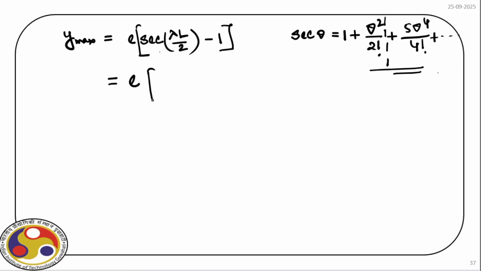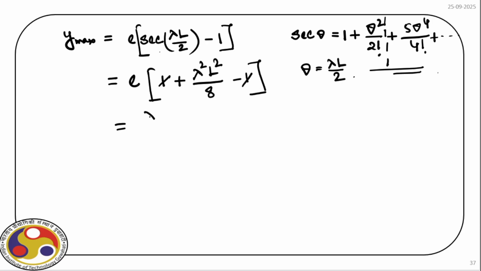What we have is 1 plus, in our case theta is equal to lambda L by 2, so we have lambda square L square divided by 2 square times 2 factorial, so we have 8, and then minus 1, right? So this 1 will get cancelled and effectively we have lambda square L square E divided by 8.